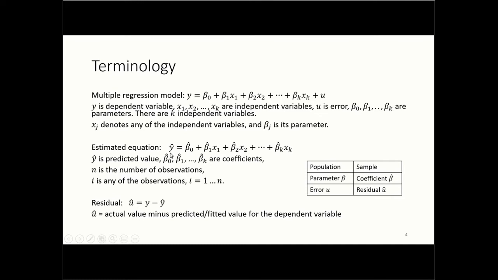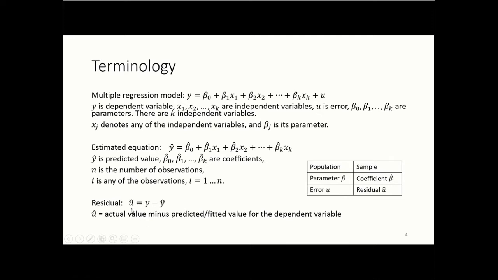Here, y hat is the predicted value or the fitted value, and the beta hats would be the coefficients that are going to be estimated with the regression model. n would be the number of observations, and i would be any of the observations. So i would be equal to 1 to n. So we have n observations, but if we refer to i, this means any of the 1 through n observations.